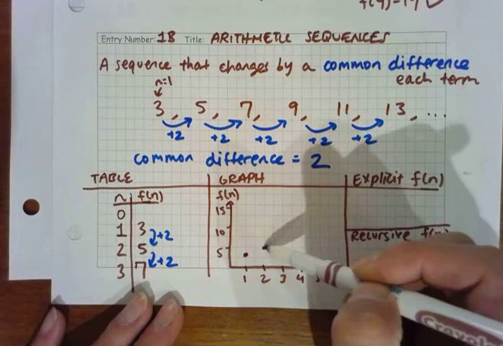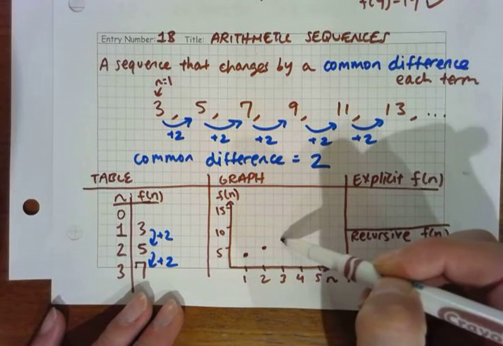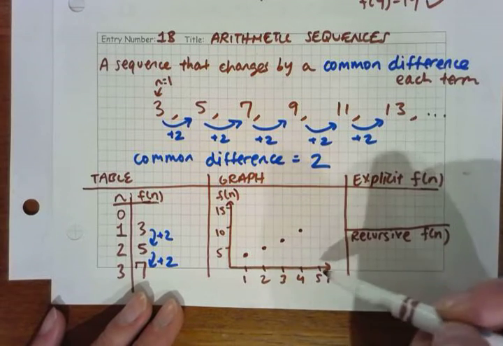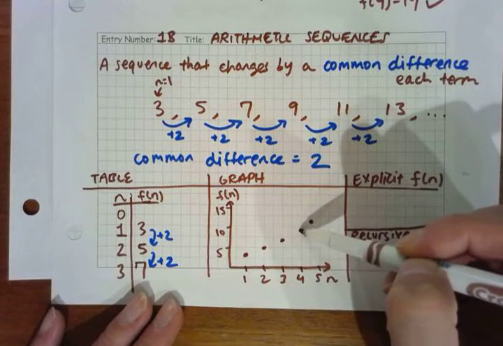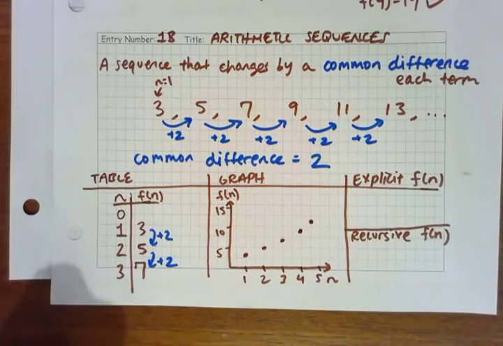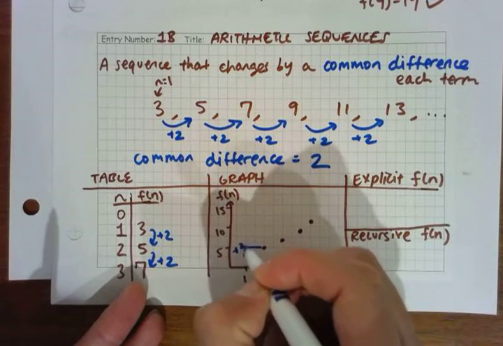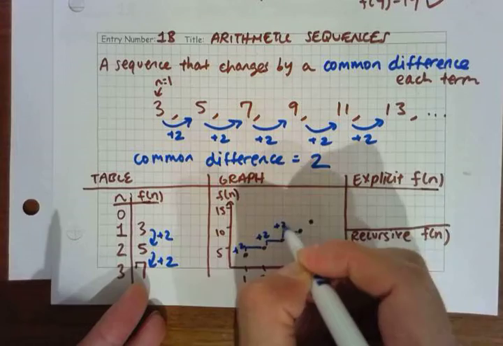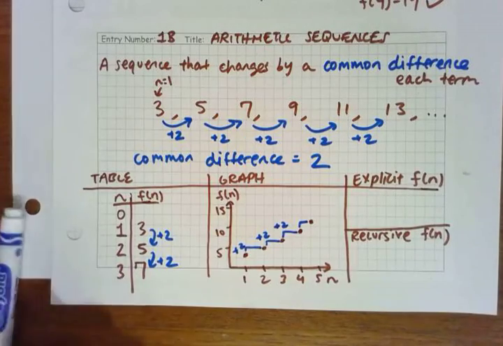Second term was 5. Third term was 7. Fourth term was 9. Fifth term was 11. And so you can see it's going up consistently by 2 each time. That's the common difference. So it forms a straight line shape.